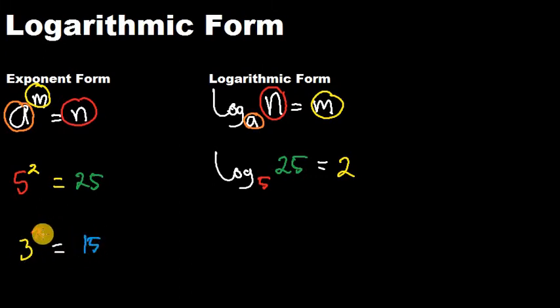What is 3 to the power of x equals 15? If we change it into log form, we will have log, once again the base is 3, of 15. Log base 3 of 15 equals x.